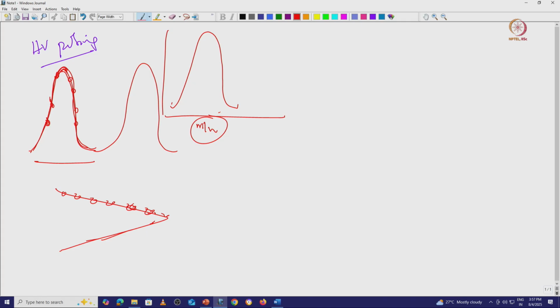So to improve the resolution, we use energy compensation devices.